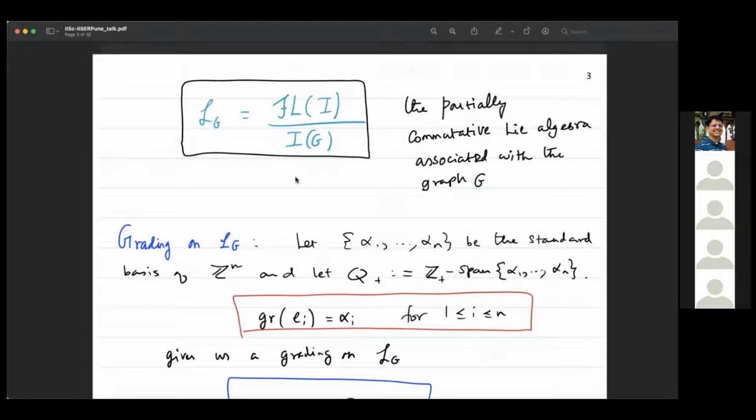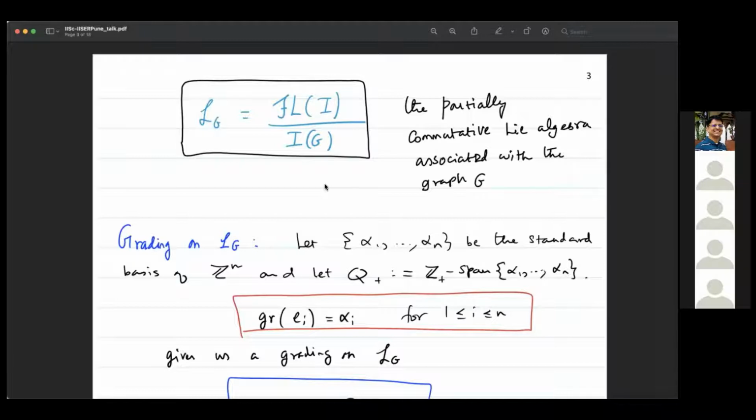If you take this partially commutative Lie algebra, then you want to ask many questions related to it. This is one of the algebraic objects that one can naturally associate with this graph G, and of course there are many other algebraic objects one can associate. All those objects will appear in this talk.